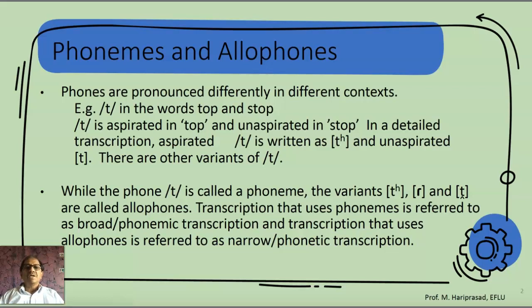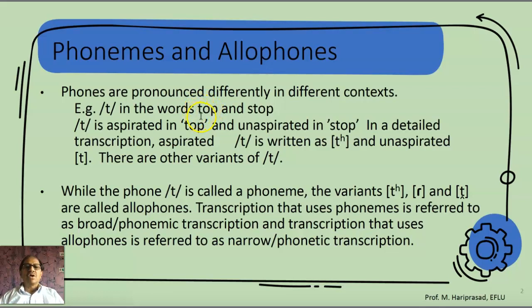For example, if you consider a sound like t in the two words top and stop, the sound t is pronounced differently in the word top and it's differently pronounced in stop. In the word top, the t comes with a puff of air.